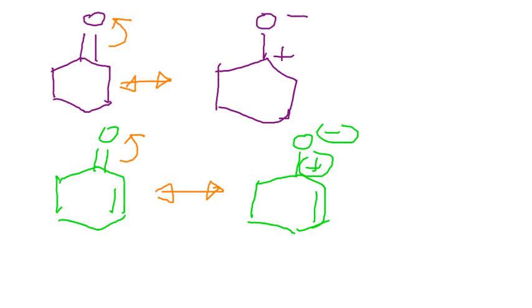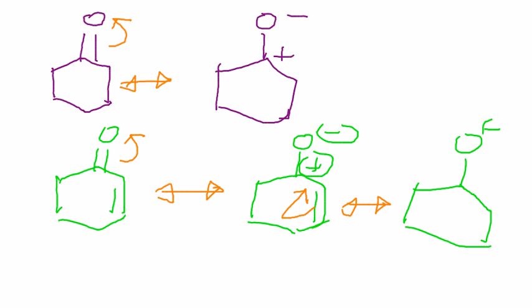But then we take it a step further and bring these electrons in like that, and we get an additional resonance form, with the oxygen with a negative over here, a double bond there, and a positive charge over there.